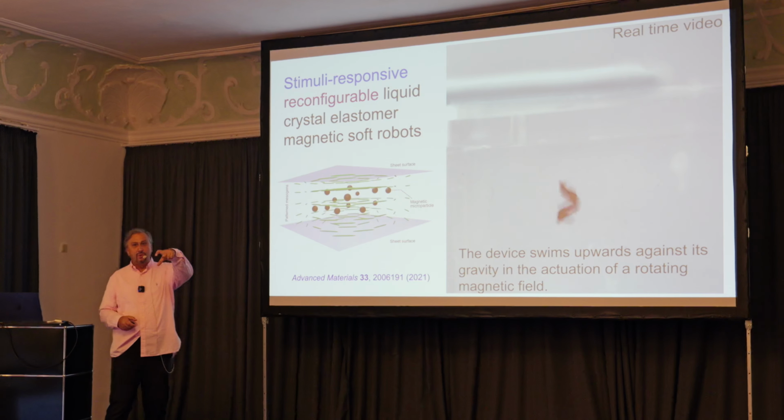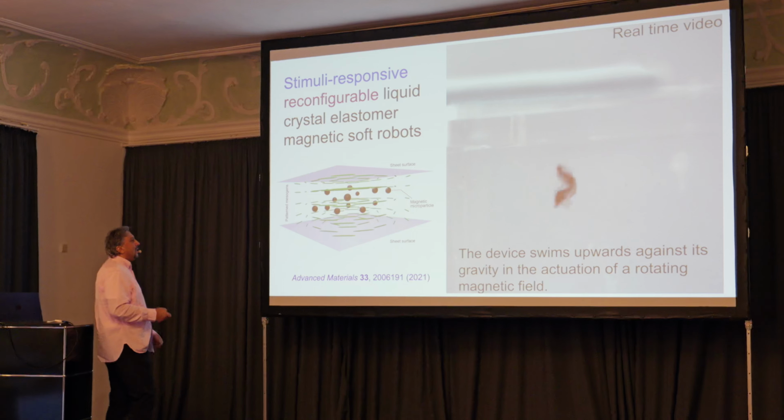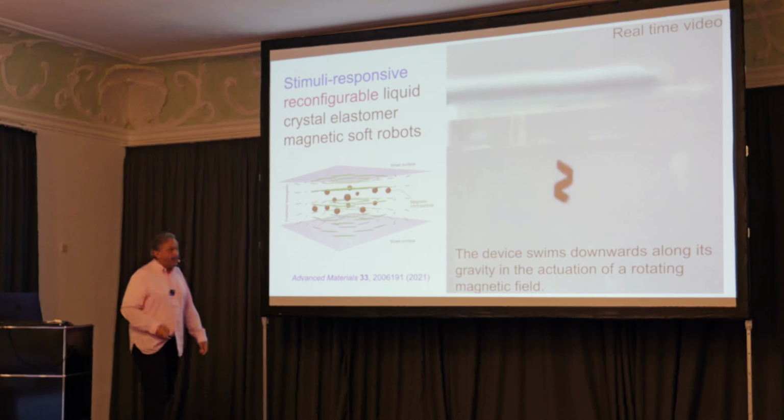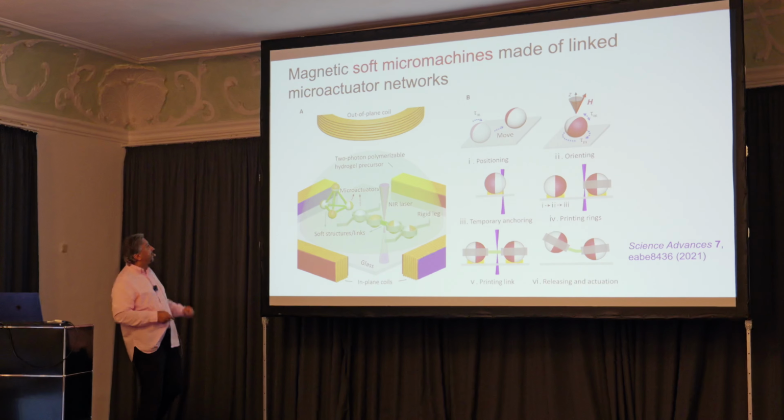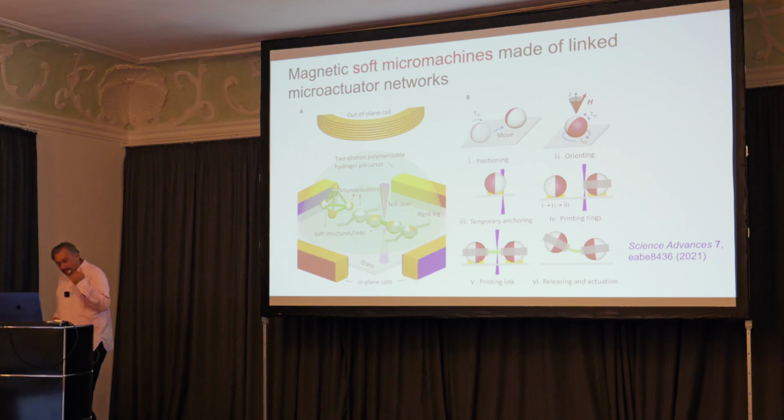It changes its morphology drastically, and then you can swim like a bacterial flagellum. So these are examples of how we can create physically intelligent structures that are shape programmed and drastically reconfigure their morphology using smart materials.